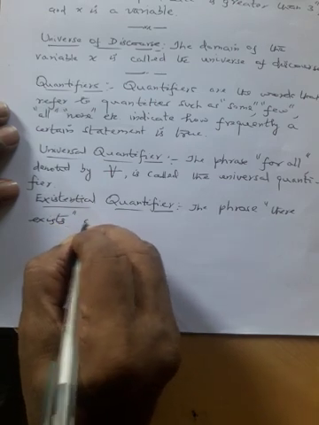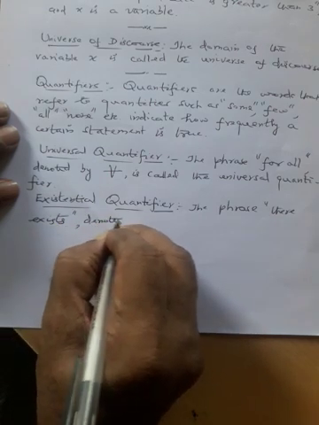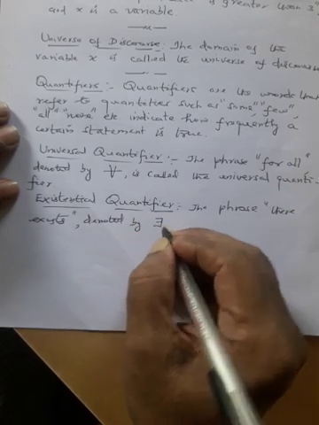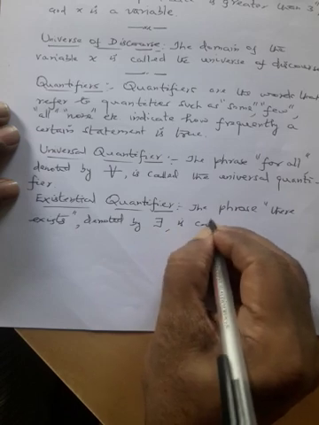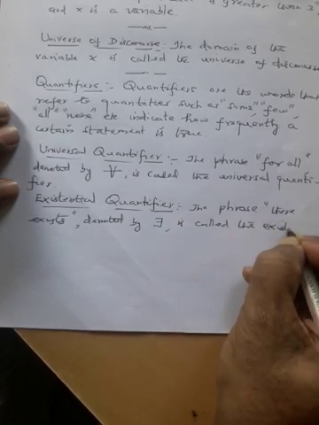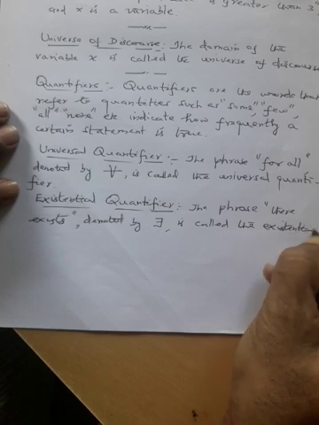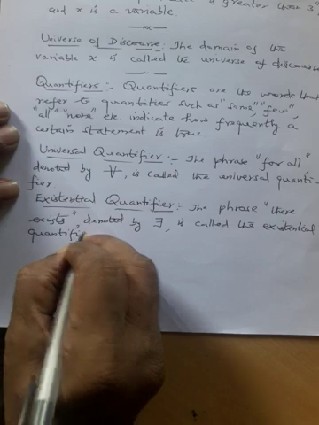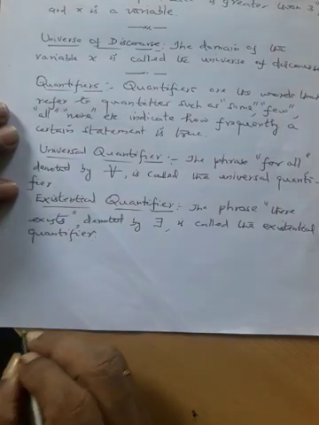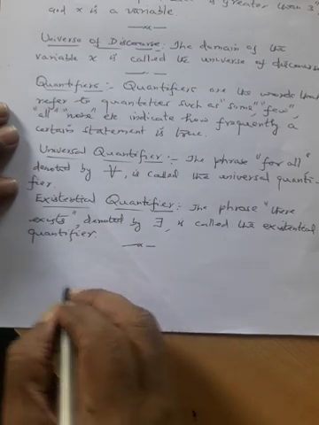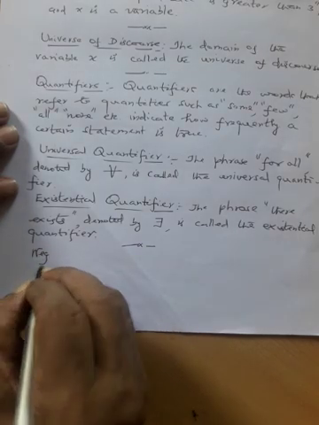There exists, denoted by this symbol, is called the existential quantifier. So we will be dealing with the universal and existential quantifiers.